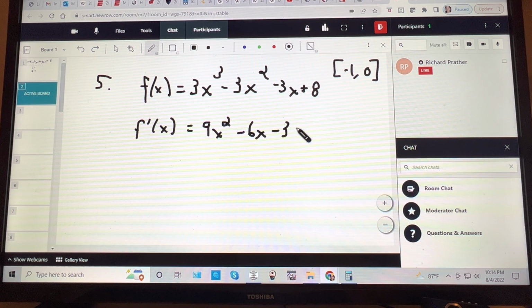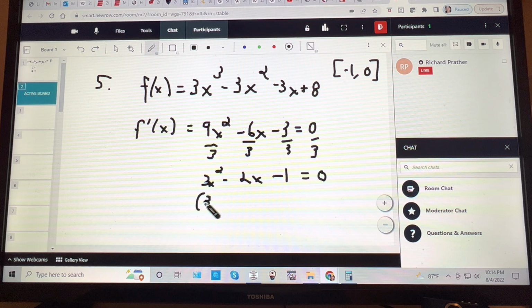This is never undefined, but it could be 0 twice. And we can divide by 3 to make things smaller. So 3x squared minus 2x minus 1 equals 0.